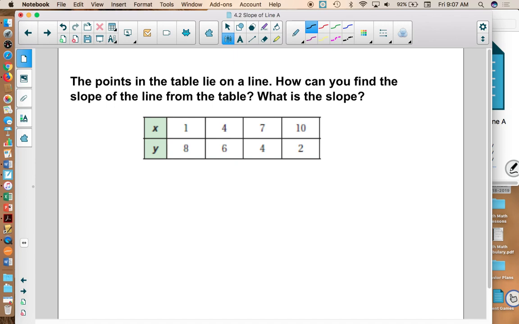Okay, as I walked around, the one thing I saw that kids were making the mistake when they read the table, they read the first point as being 1, 4. It's not 1, 4, because those are both x values.